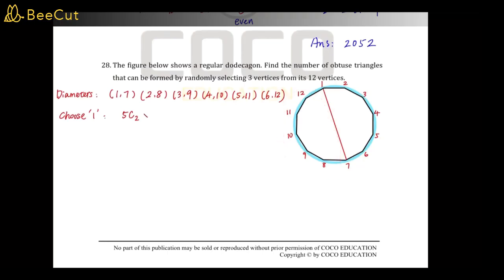That's another 5C2, which is another 10 ways. So we can form 20 obtuse triangles that contain the point 1, when 1, 7 is the diameter. You choose point 1 and 2 of the points from 2 to 6, or you choose point 1 and 2 of the points from 8 to 12. This way we can form 20 triangles.